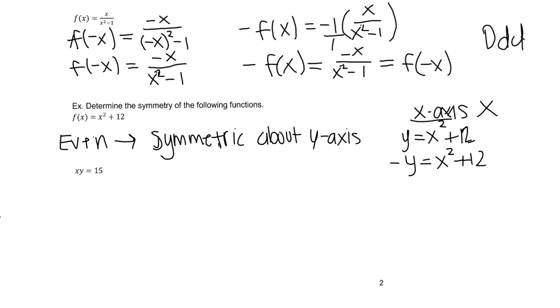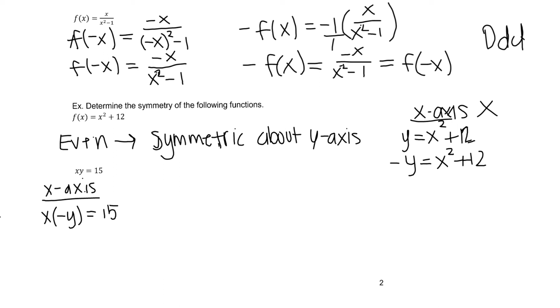Our second example is xy equals 15. So we're going to actually test for all three symmetries with this function. And we're going to start with x-axis symmetry. So we're going to go ahead and replace y with negative y. So instead of xy, we're going to have x times negative y equals 15.